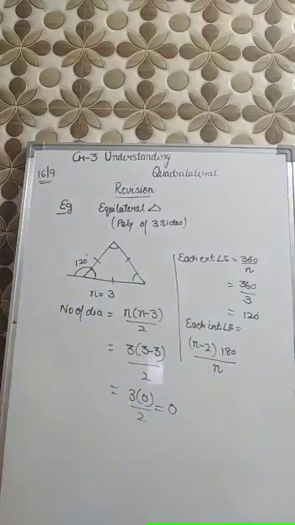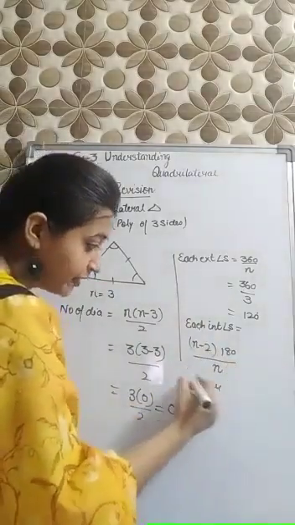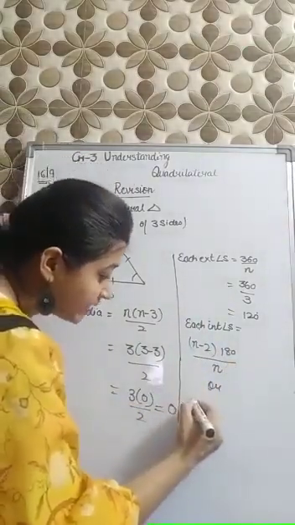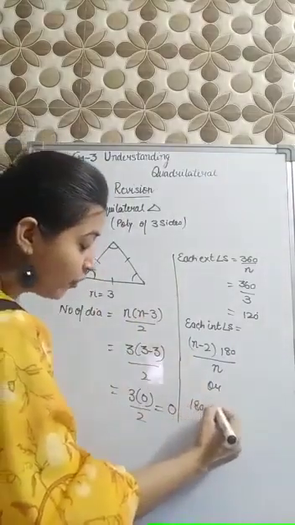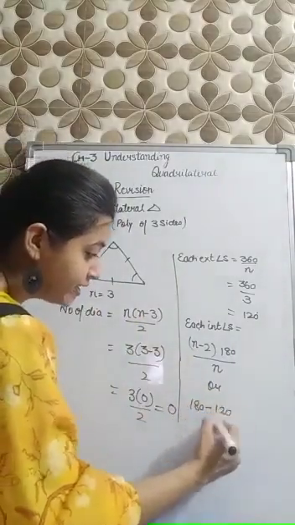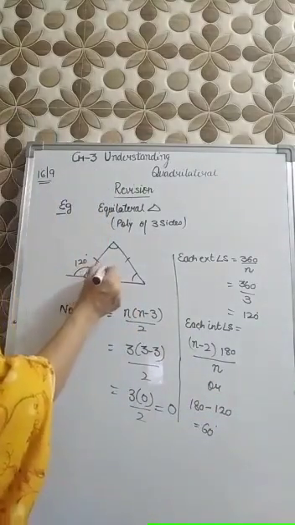Or you can directly subtract this exterior angle 120 from 180. This will give you 60 degrees as your interior angle.